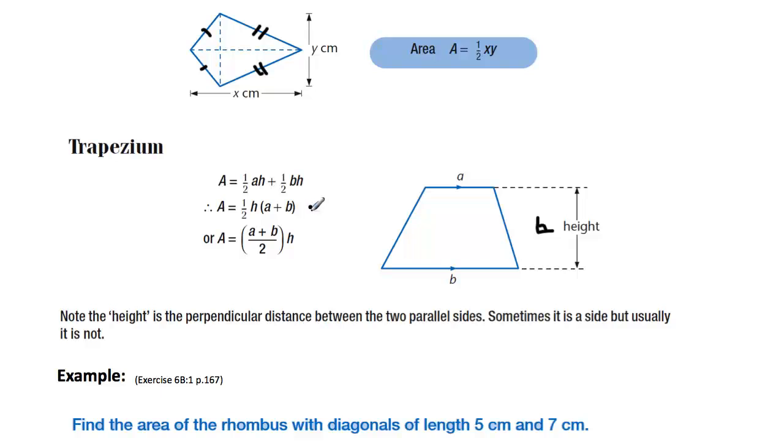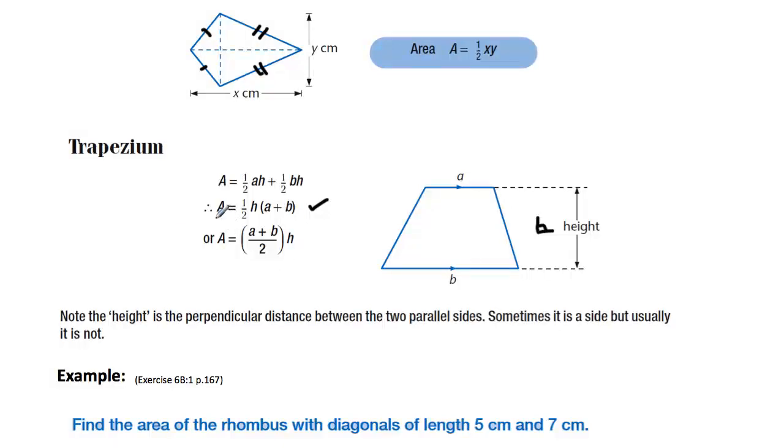Now, this is the formula that I like to use, and probably the easiest way to remember it is you take the length of the sides that are parallel and opposite each other, you add those together, and then you find the perpendicular height and you multiply that with the sum of the parallel sides, and then you halve it.